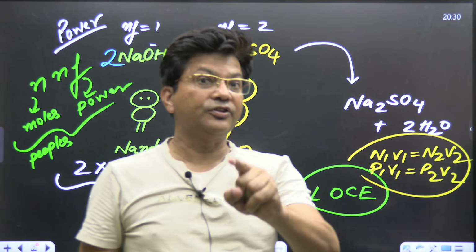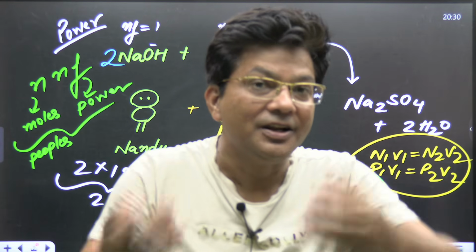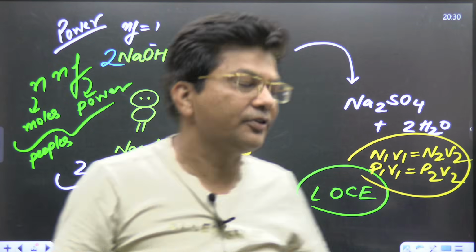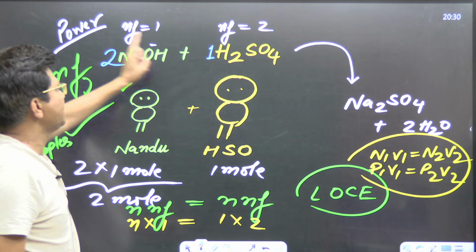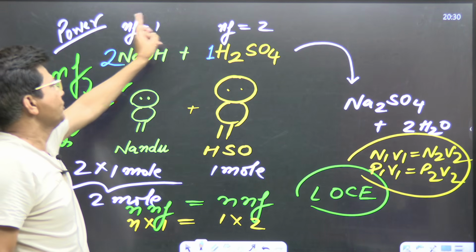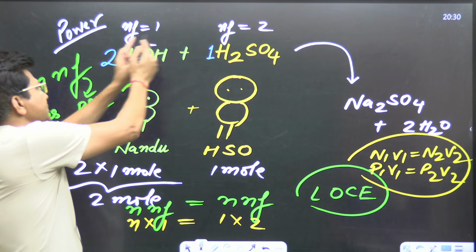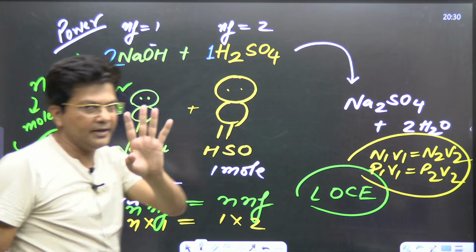If you know the N factor, you can balance the reaction. This is the next application. If you know the balanced reaction, you can find out the N factor crisscross. If the balanced reaction stoichiometric coefficient is 2 raised to 1, then N factor will be 1 raised to 2. Its stoichiometric coefficient, its power, its stoichiometric coefficient, its power, right?